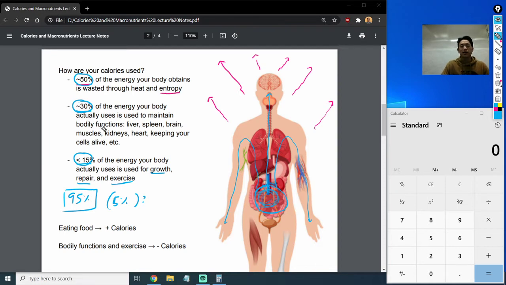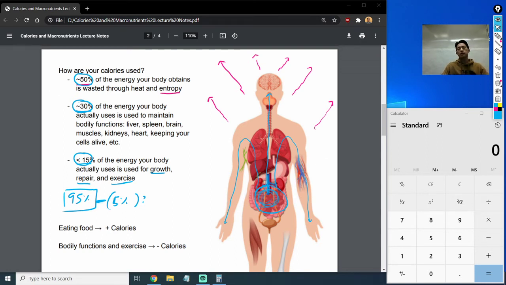Because these numbers aren't exact. It could be more than 50, maybe a little less than 50, more than 30, less than 30, and every body uses energy differently. And so we don't have an exact number, and that's why these are approximates. Just keep that in mind. I know this isn't 100%, but these are just approximate values of where that energy goes.